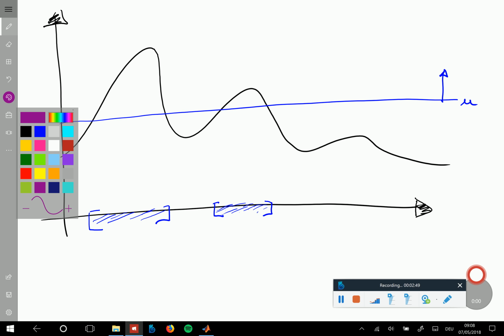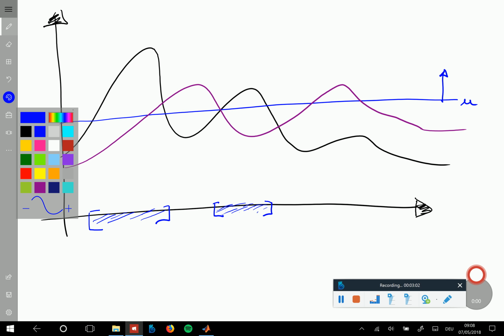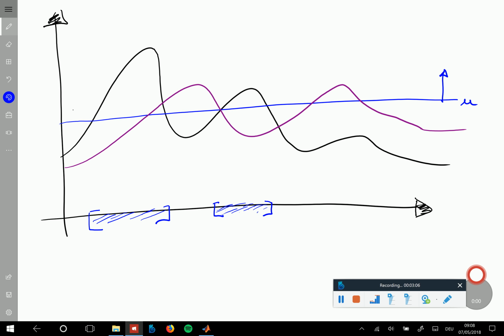And what will happen happens regardless of a specific realization. So maybe I put another one here. So that's another one. If you increase the u value, the level, the complexity of the excursion set decreases.